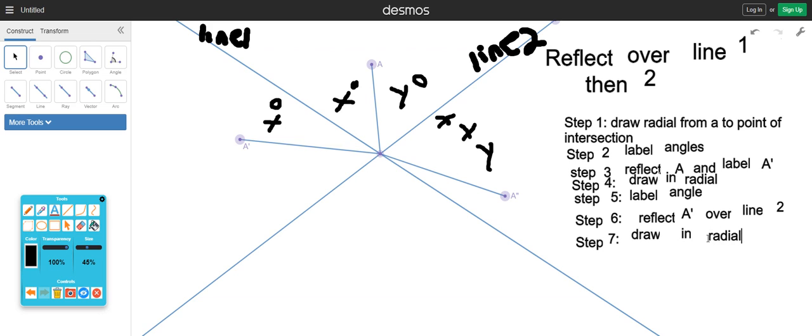Remember, that's just a fancy word for a line between them. Step 8, label angle.